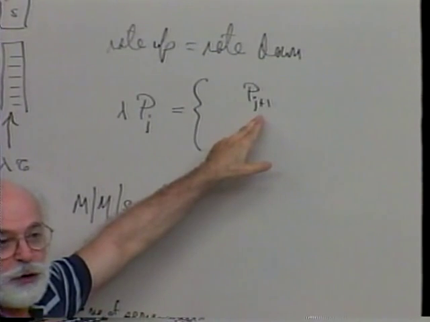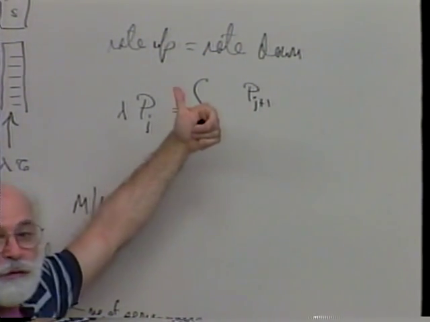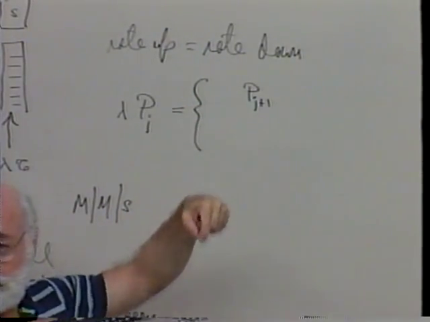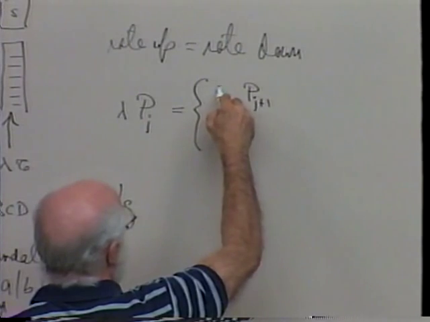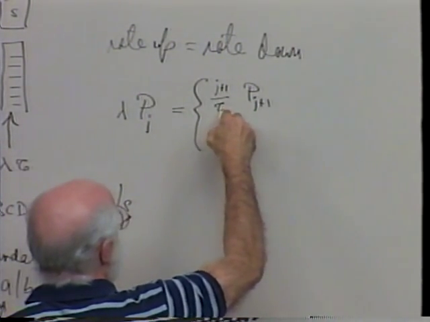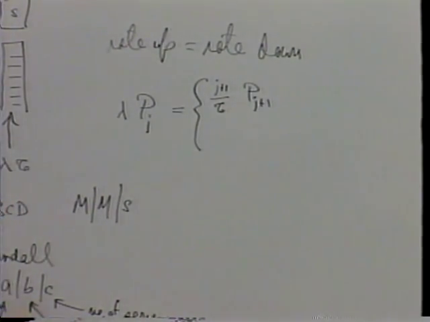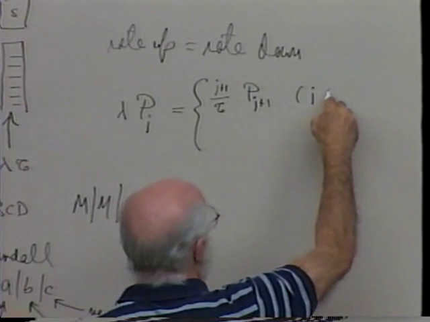And therefore, the service completion rate would be just as before. Namely, it would be 1 over tau per customer being served. So in this particular case, if I'm in state j plus 1, then the service completion rate would be j plus 1 over tau. So this is valid as long as j is less than s.